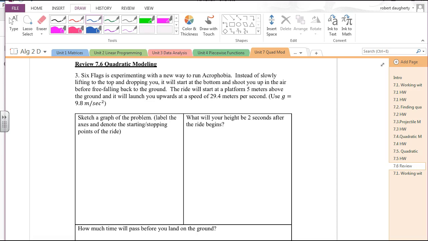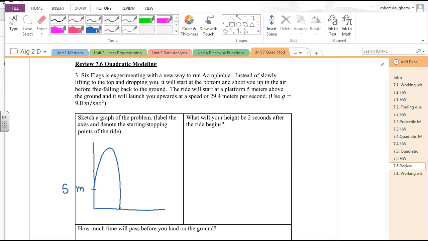So sketch this problem. You start out at 5 meters, and then you get shot up and you hit the ground. So it's something like that, and we've got the speed, everything like that.